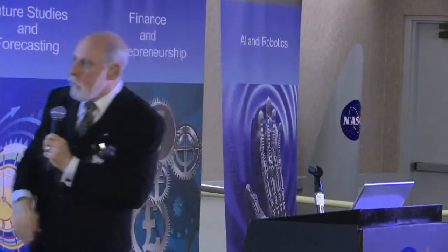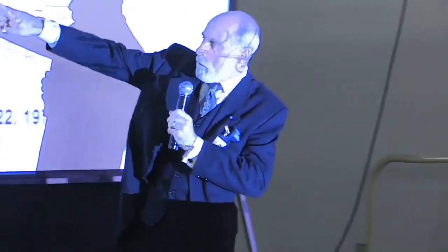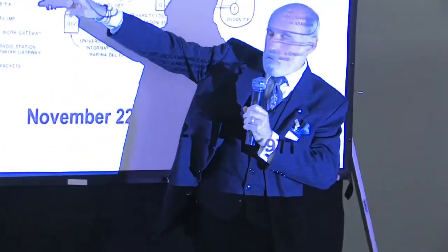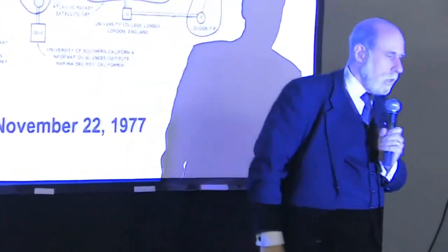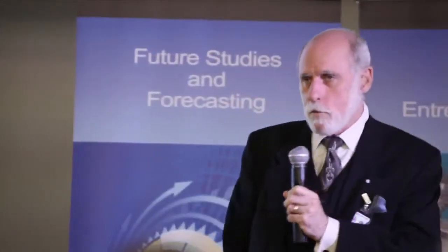So you'd radiate packets up, and they would be re-radiated down on a different frequency, and all the ground stations would pick them up. So the idea was to transmit data from the SRI, Stanford Research Institute packet radio van, down to USC, Information Sciences Institute in Marina del Rey. It's about 400 miles to the south.